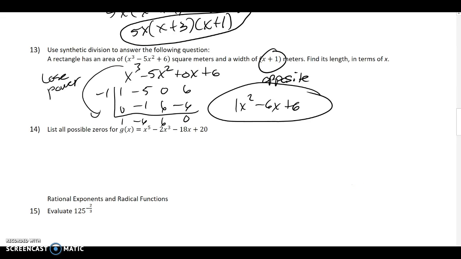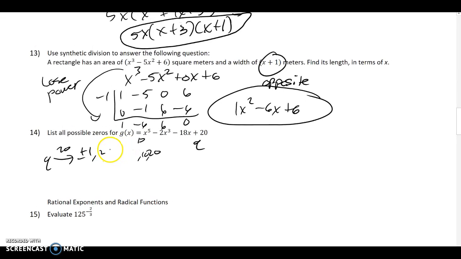We're going to list all possible zeros. Remember where it's our p's and our q's. So all the ways to get 20 is plus or minus 1 times plus or minus 20, 2 times 10, 4 times 5. That's all the ways to get 20, so all plus or minuses. And then our p-value is 1.